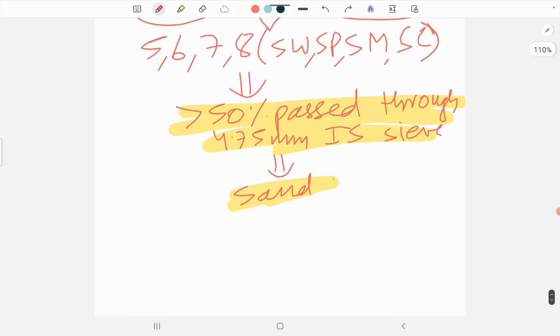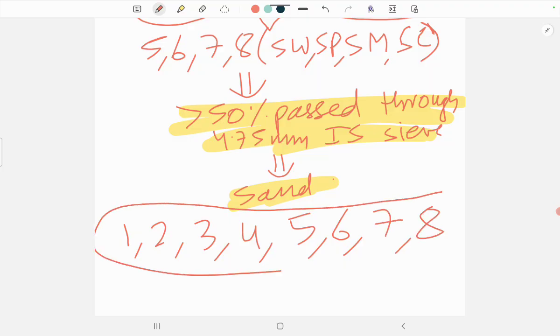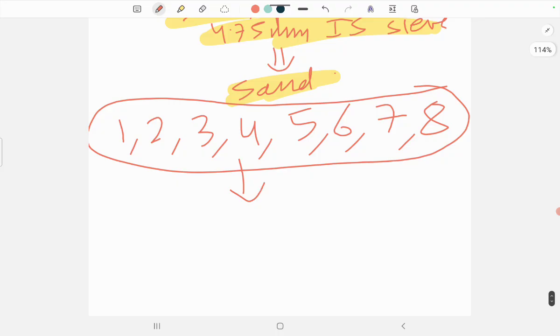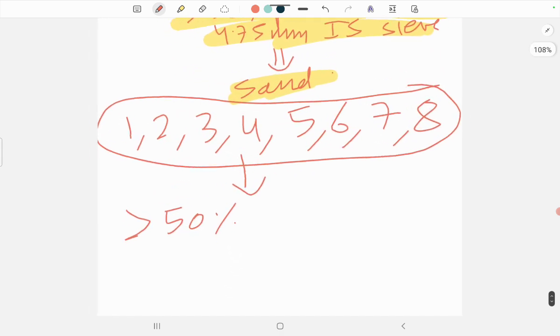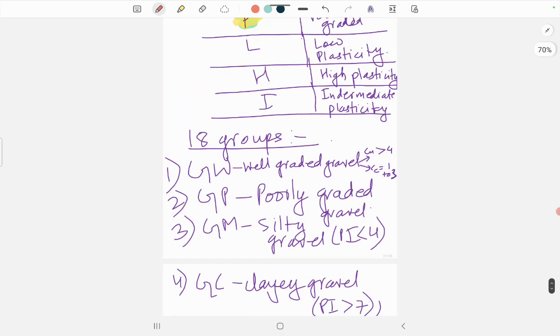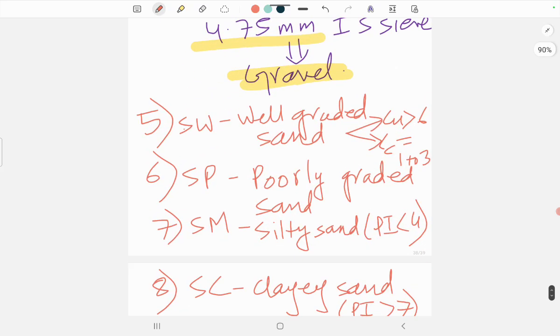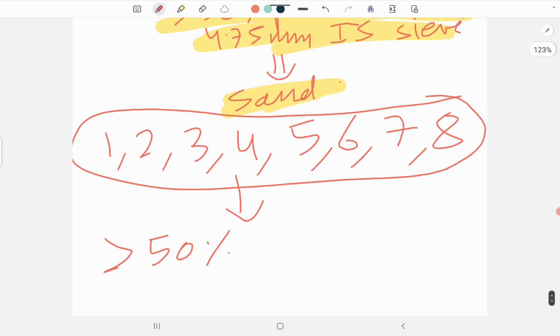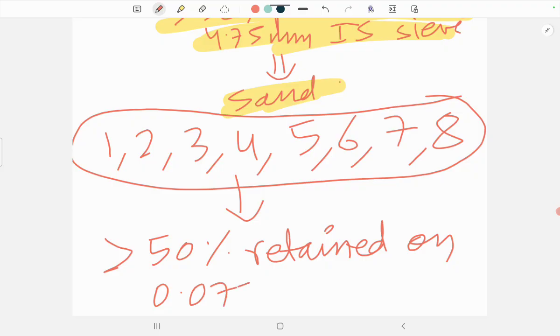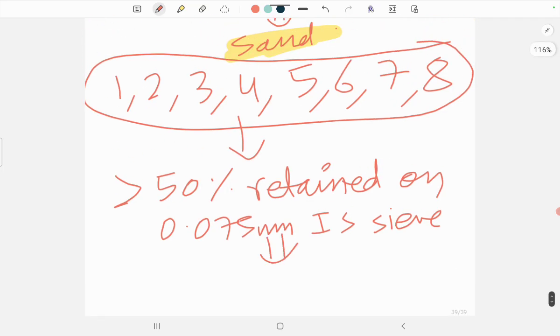Whatever we wrote, 1 to 8, that is well graded gravel, poorly graded gravel, silty gravel, clayey gravel, and well graded sand, poorly graded sand, silty sand, and clayey sand, if all of these have greater than 50% retained on the 0.075 mm IS sieve, then these are known as coarse grained soil.